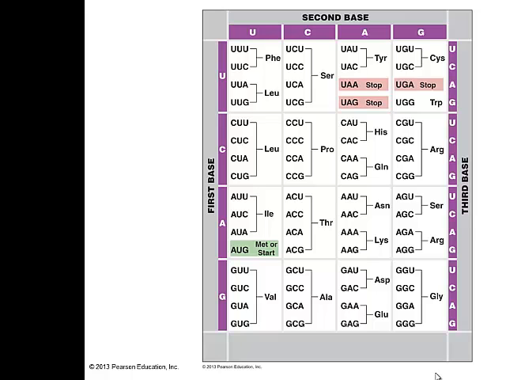What is this a chart of? Codons. So if I take that messenger RNA and I have UUU, what transfer RNA is going to come and hook up with it? AAA.